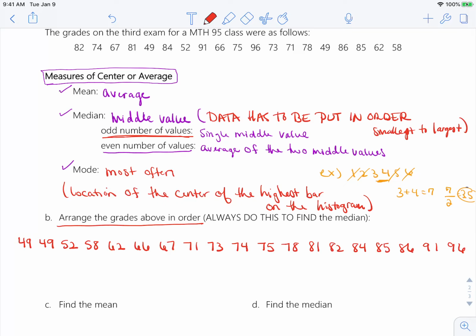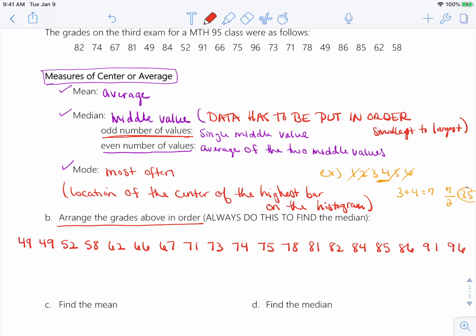And what I would like to do, just to ensure that I listed everything accurately, is count them: 1, 2, 3, 4, 5, 6, 7, 8, 9, 10, 11, 12, 13, 14, 15, 16, 17, 18, 19. And we should have 19 because when we made the histogram, we counted them.